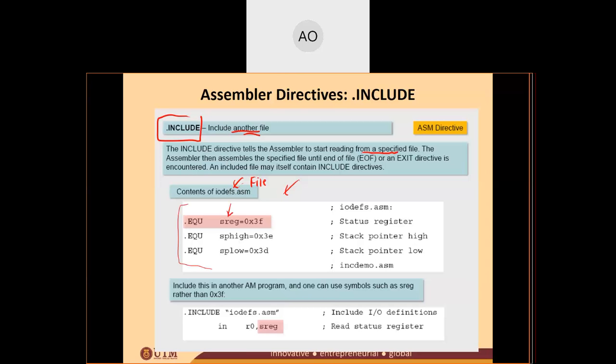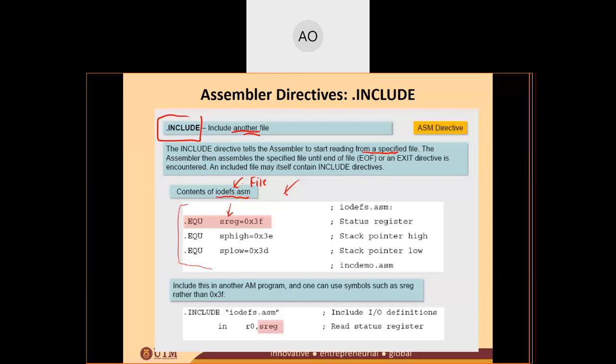Later you write a program. To include this file, iodef.asm, because inside of this file you already initialized all of these IO registers with the IO addresses, later when you want to use an address, you just call the name of that address.